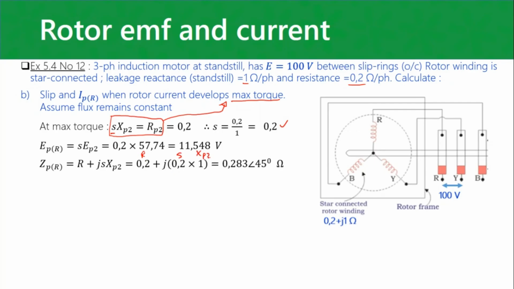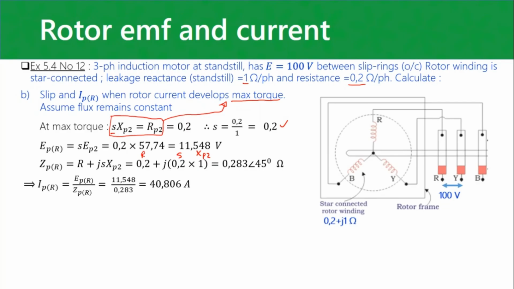You see why they give us standstill values? So we can work out the current under all different conditions. Then we just work out the current like that. So you can see the current's much higher at maximum torque. All right. So that's the kind of questions that you get with these.